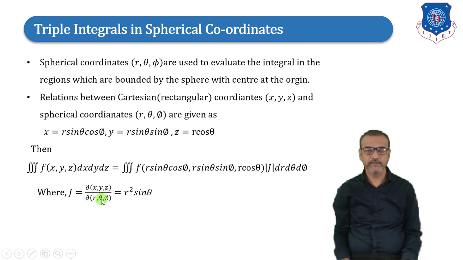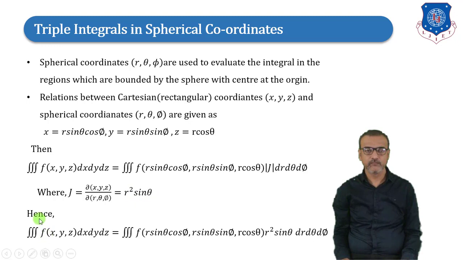If you evaluate this Jacobian J, it will be r square sin theta. Hence, the triple integration of a function of x, y, z dx dy dz equals the triple integration of the function of r sin theta cos phi, r sin theta sin phi, r cos theta, replacing modulus of J by r square sin theta dr d theta d phi.